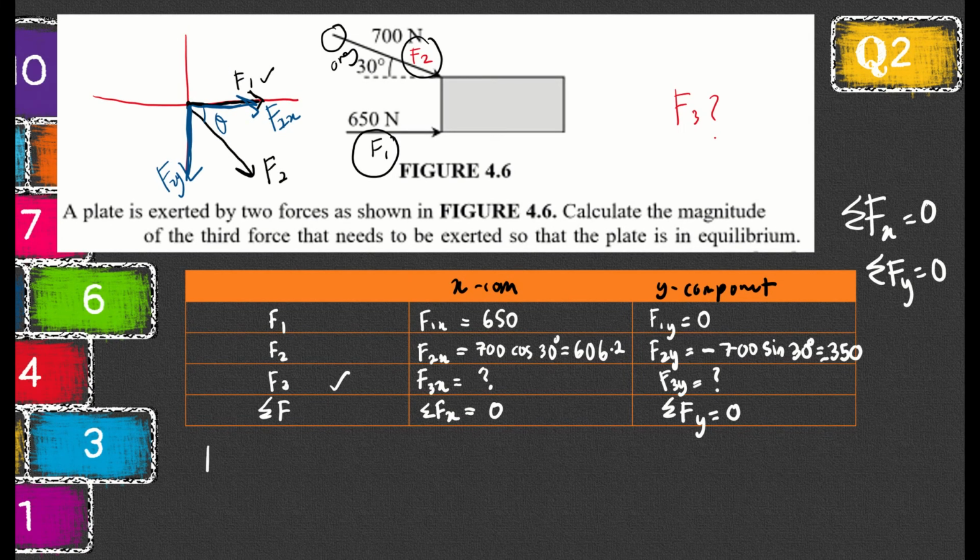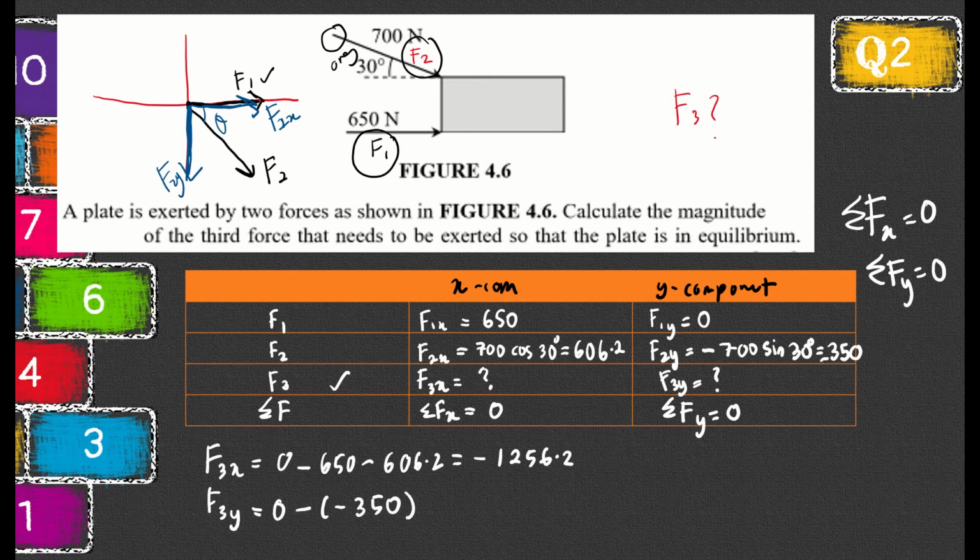To get the value of F3X, it's going to be 0 minus 650 minus 606.2, which is equal to negative 1256.2. And to get F3Y is 0 minus negative 350, so it's going to be 350.